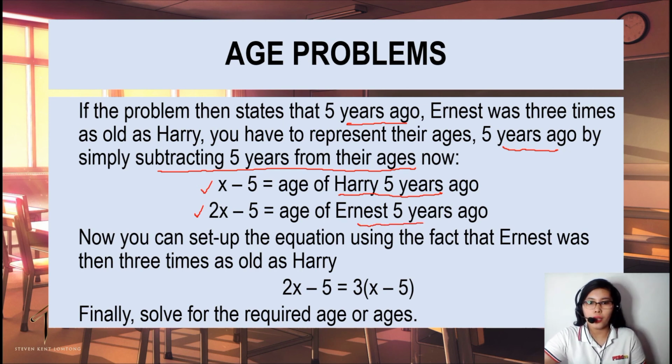Now, we can set up the equation using the fact that Ernest was then 3 times as old as Harry. So our final equation would be 2x minus 5 is equal to 3 times x minus 5. Finally, we can solve for the required age or ages.